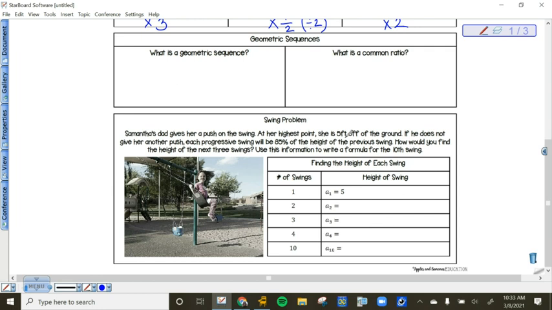When you're done with that, take a look at the swing problem. This is going to look really similar to what we were doing last week. And we'll go over it together in just another minute.